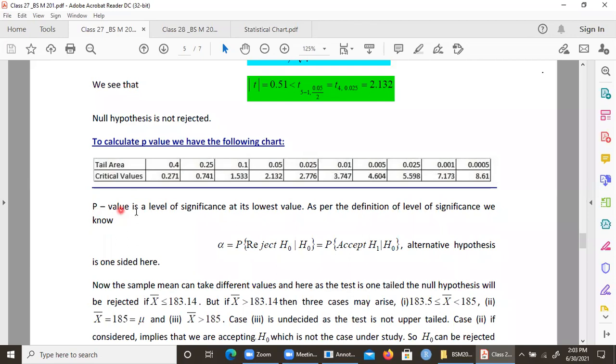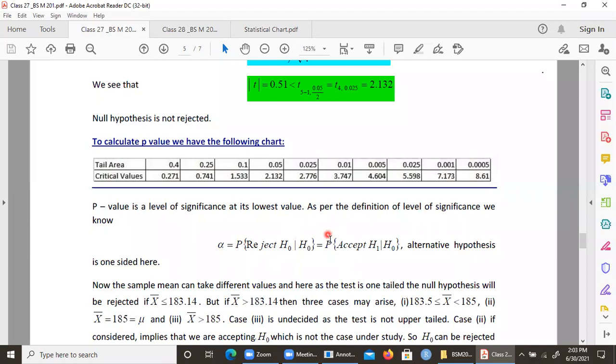So we know that p-value is a kind of probability, a level of significance at its lowest value. Now, as per the definition of the level of significance, it is the probability of rejecting null hypothesis when null hypothesis is true. So I have written here in short, probability of rejecting null hypothesis given that H0 is considered.